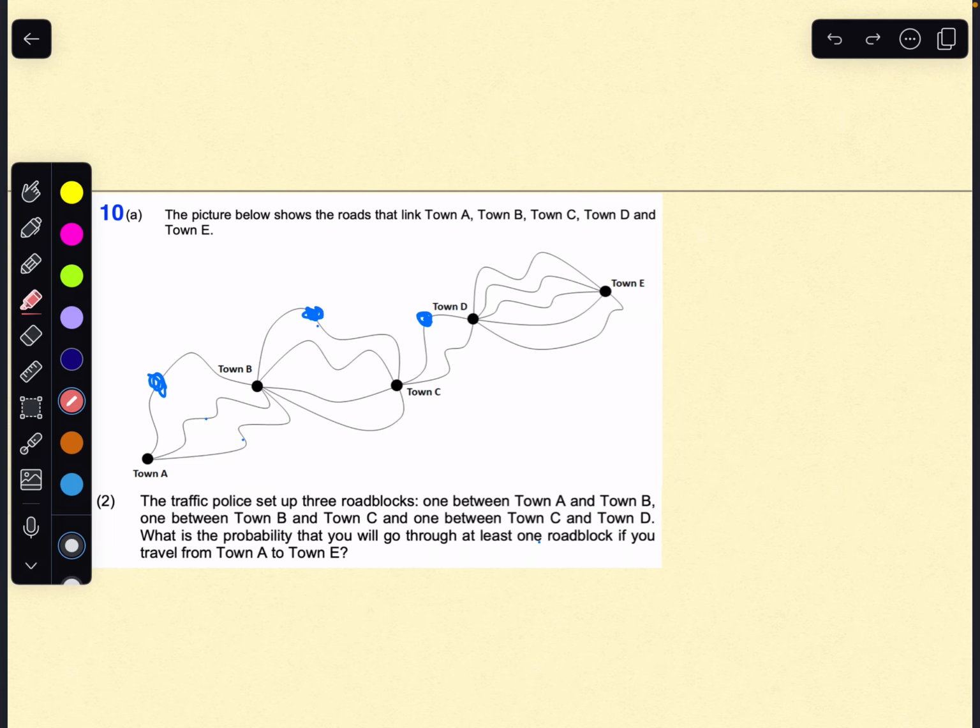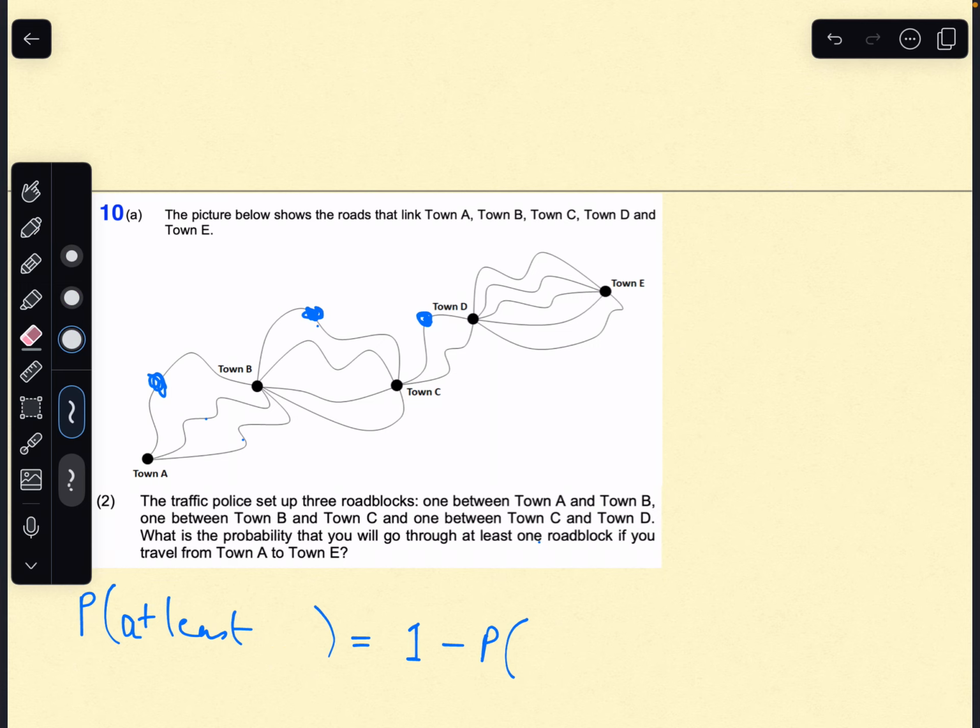And we know that when we hear "at least", the probability of at least blah blah blah, it's so much easier to just use the complement here. Let's say specifically we want to say there's at least one roadblock that gets encountered.